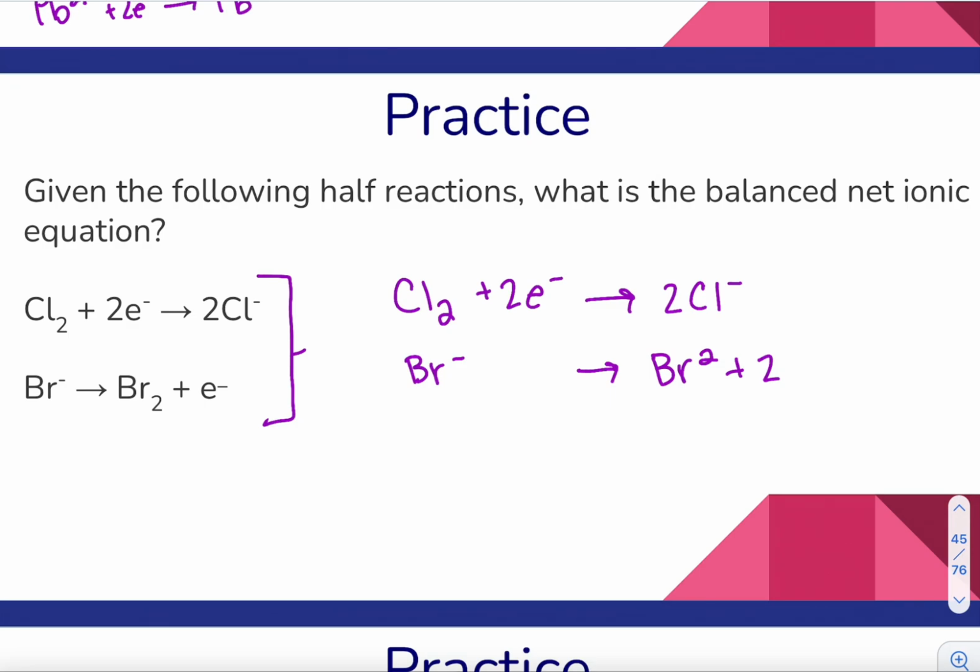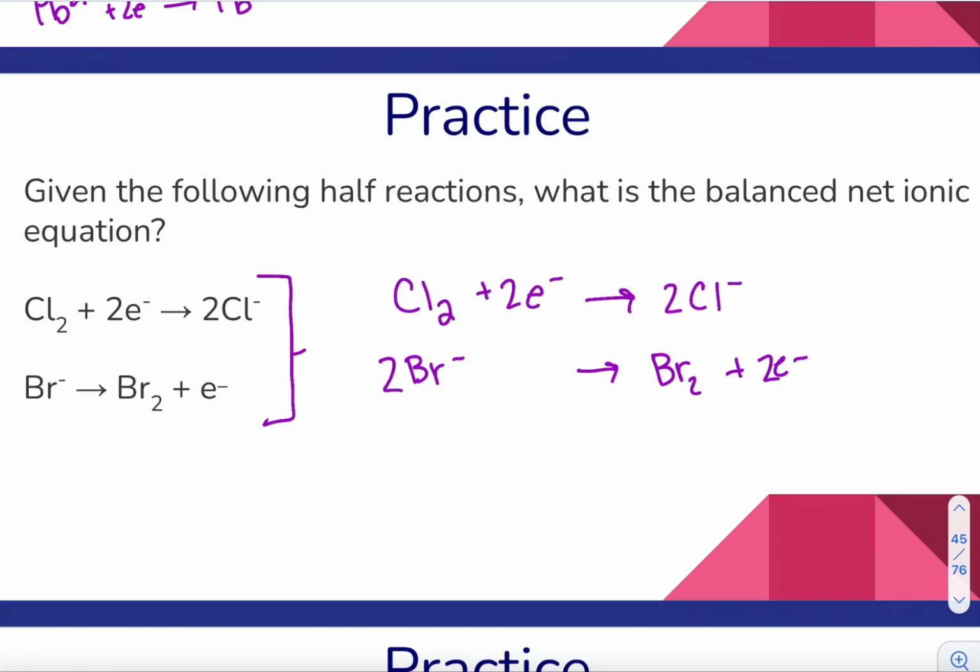Now you might notice right away that the second one isn't even balanced. So I'm going to put a 2 there to balance it first, and then I'm going to add them together.